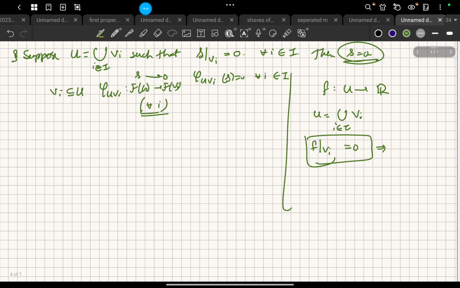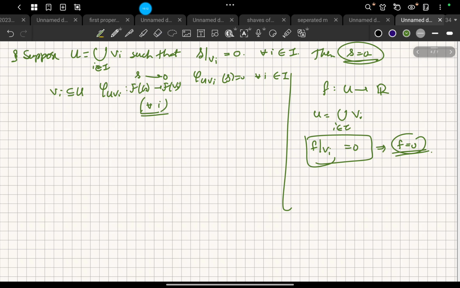So from here you can easily conclude that f is itself a 0 map, right? Because if you take any small x belonging to capital U, then of course x must belong to some Vj, and f restricted to Vj is 0. That means f(x) has to be 0. That means f(x) is 0 for any x in U. So the same implication is happening here.